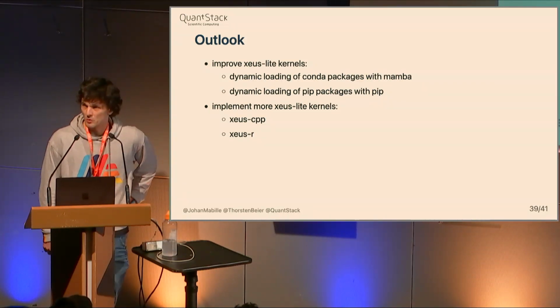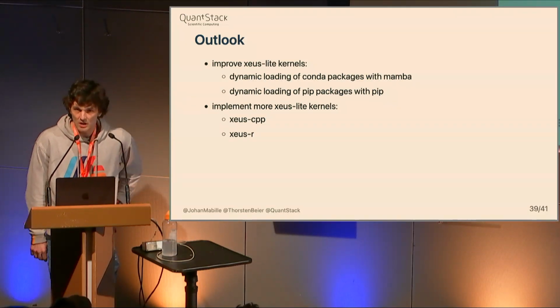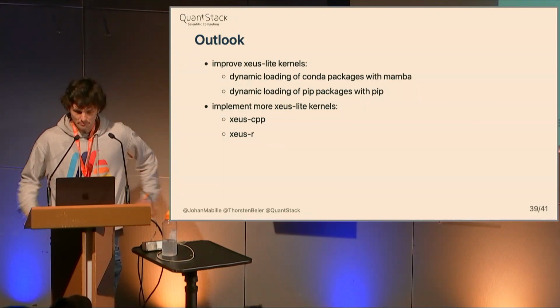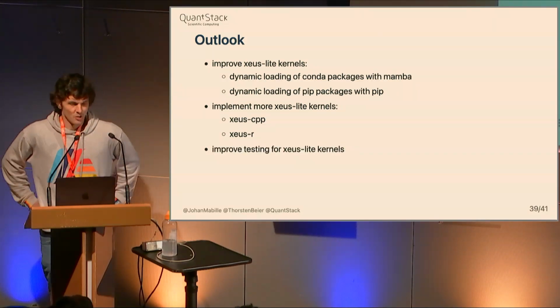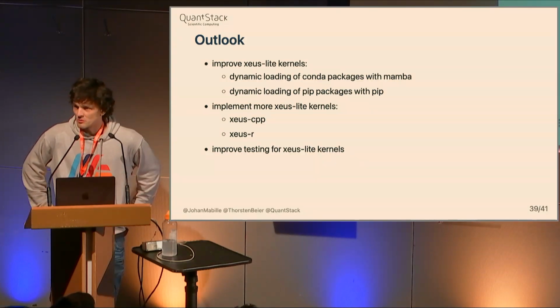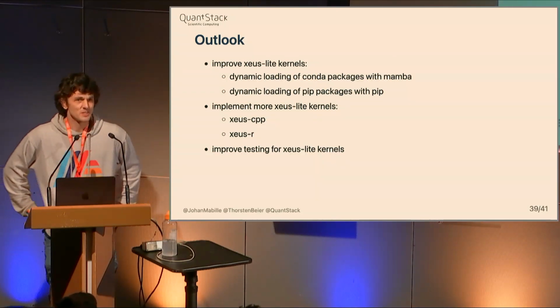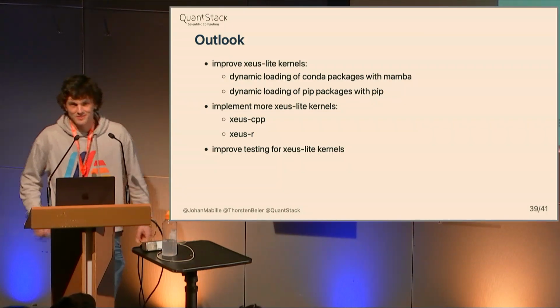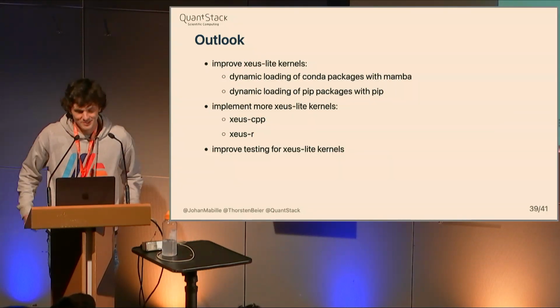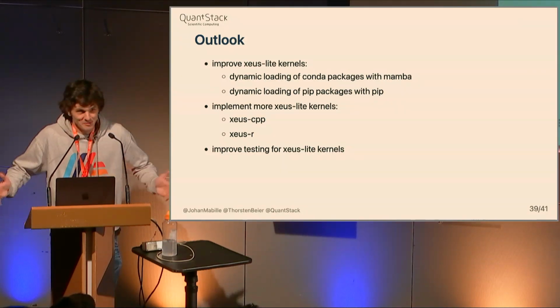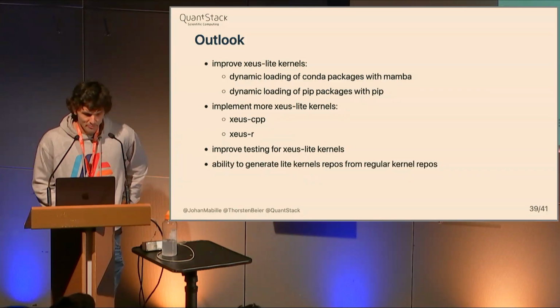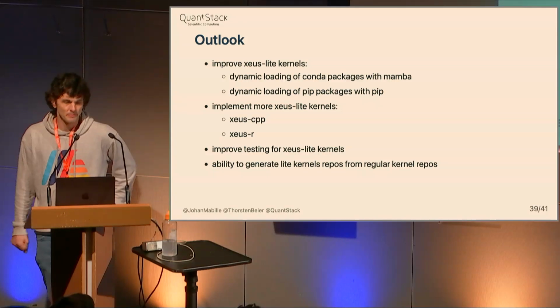And then we also want to work on a better R kernel for the biologists who still use R. And we want to improve the testing for XeusLite kernels because at the moment it's, well, not that well tested. So we compile the extensions, then we cross the fingers and just hope that it works. Sometimes it does, sometimes not.